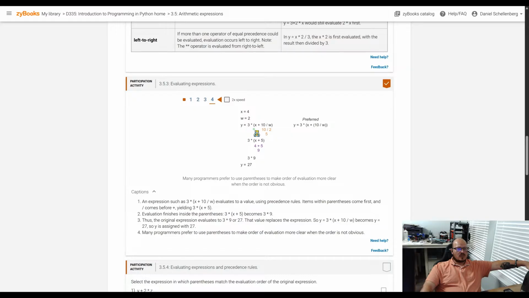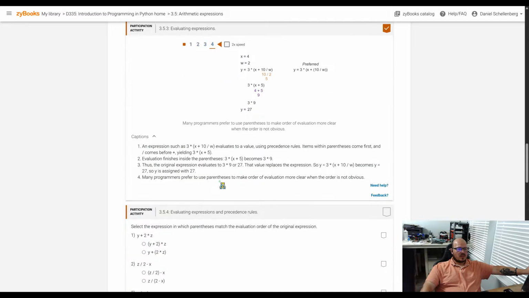It did the parentheses and 10 divided by w first and then the rest second. So it's just telling us what it did here as well.